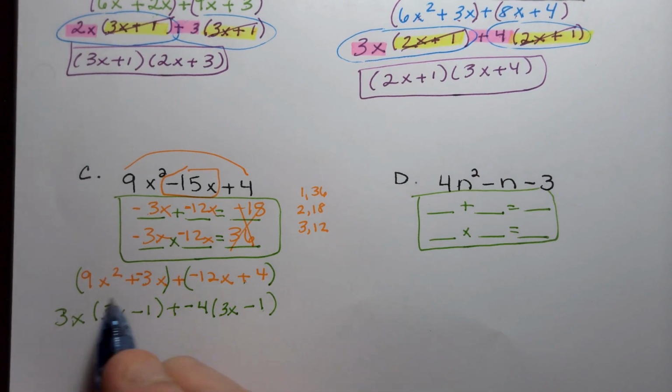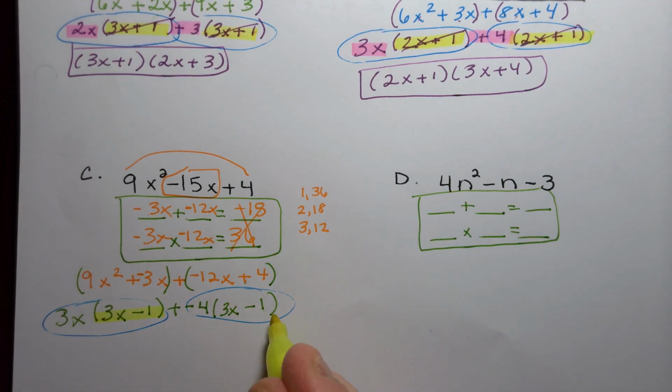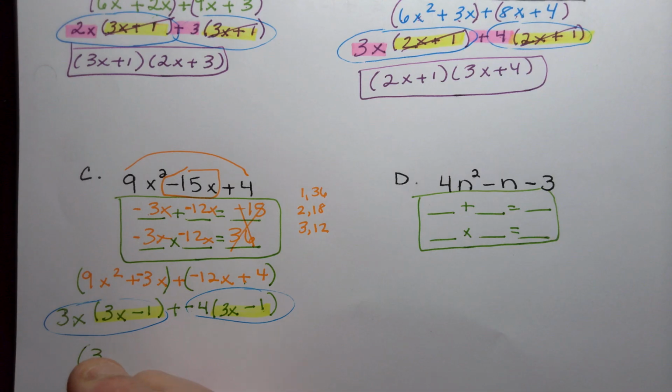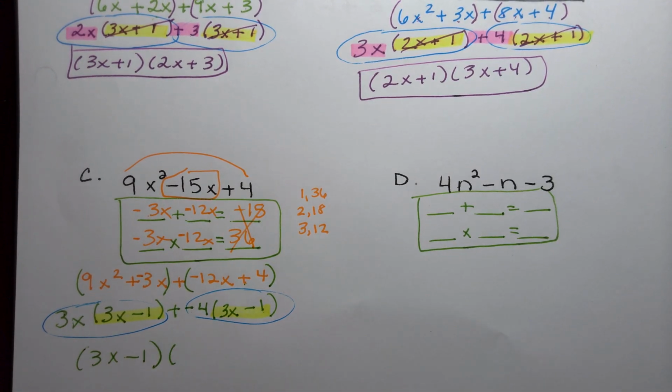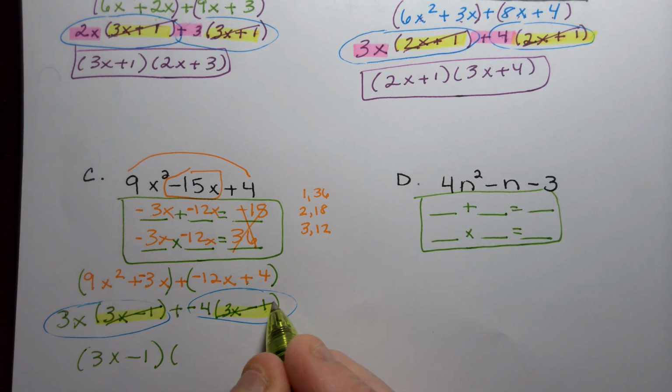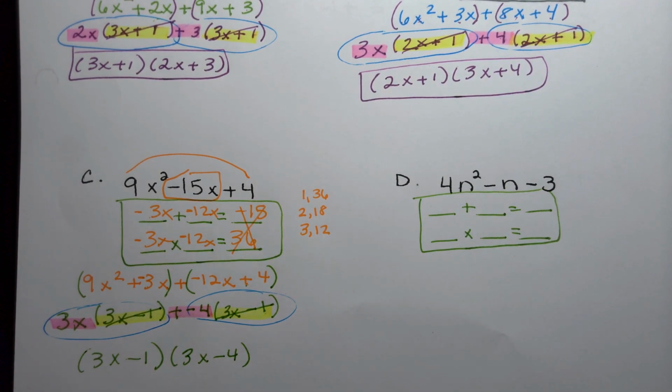There's our two big things there. And we notice that those are the same. So I have 3x minus 1 times, what's left? 3x plus a negative 4, which is the same as 3x minus 4.